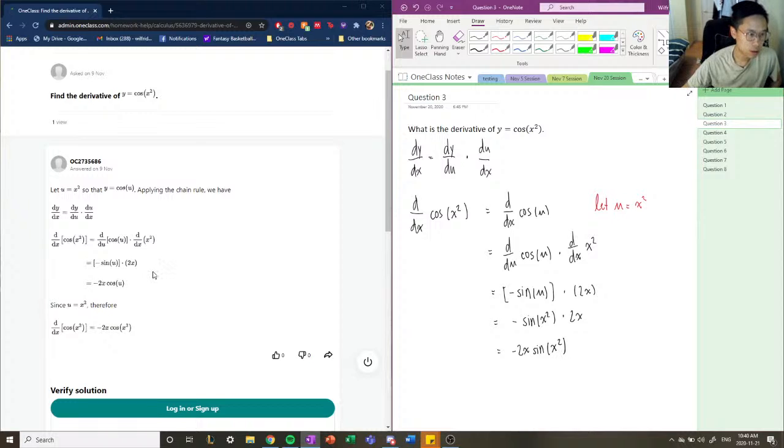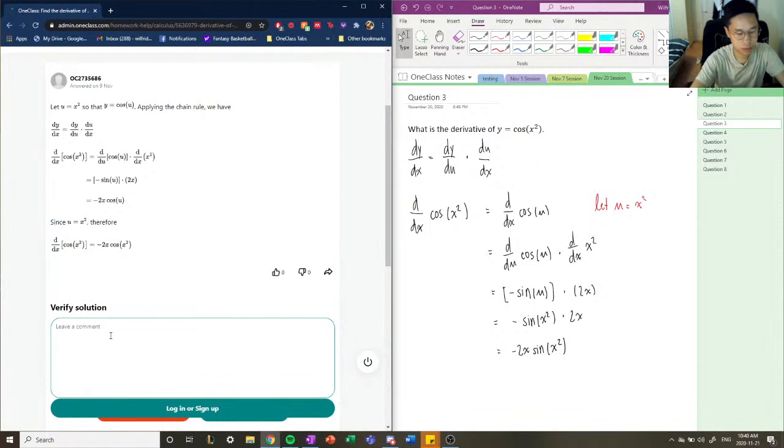Alright, so the junior tutor, what happened here? The junior tutor got this question wrong actually. They probably just forgot to write this as sine, but they derived cos into sine, and then they reverted it back to cos for some reason, and then they said it was cos.